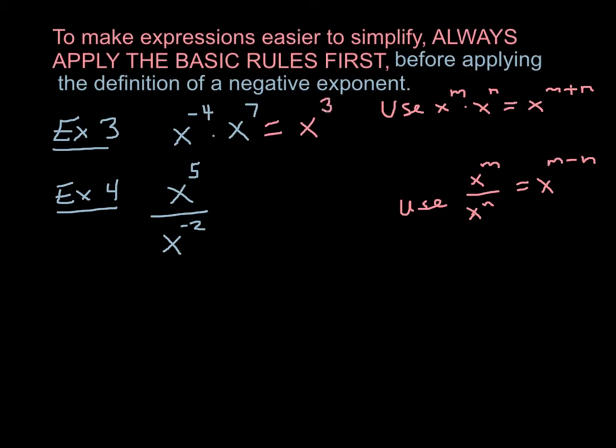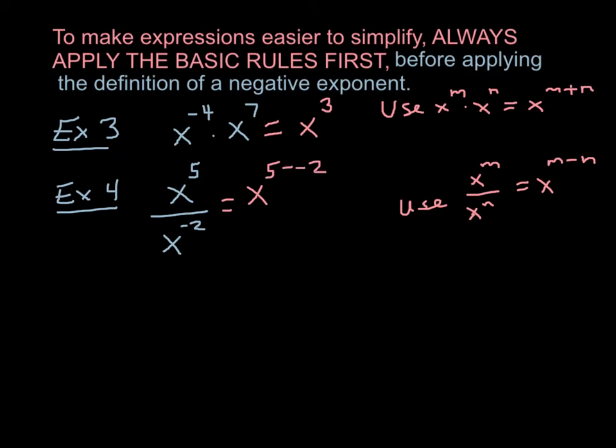Notice I never had to deal with the whole idea of x to the negative 4 being a negative exponent. Looking at example 4, I see that again the bases are alike, so I'm allowed to subtract the exponents. So I'm going to write x to the 5 minus a minus 2. Be careful.